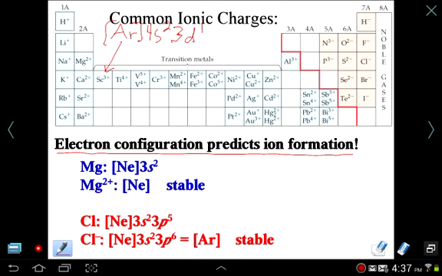So scandium will have 3 electrons to lose, and that's why it has a +3 charge. Titanium will do likewise. It'll lose its 4s and 3d electrons to become a +4 charge.